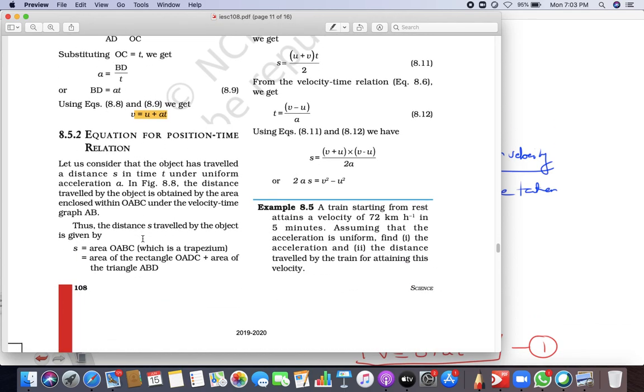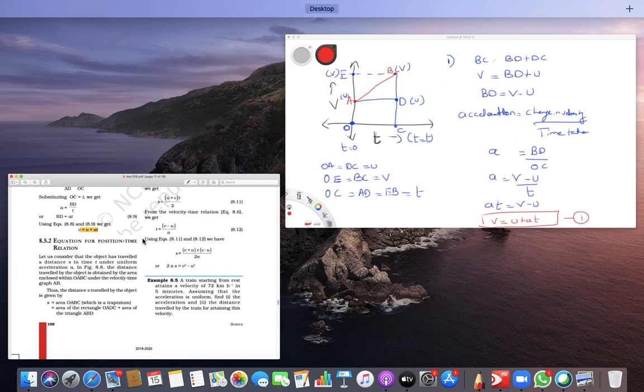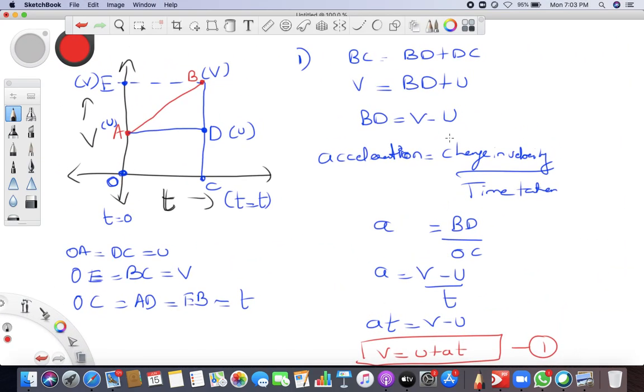Now what we have to do is take a distance. Whenever we have to find the distance from the graph, you have to find the area. Okay, so here we are going to find the area of this one. Let me erase and help you again.